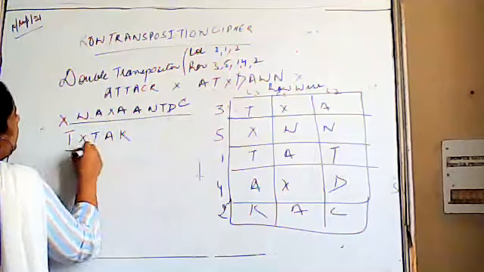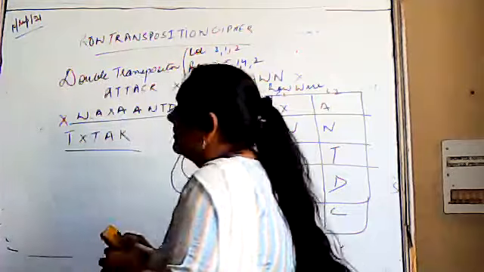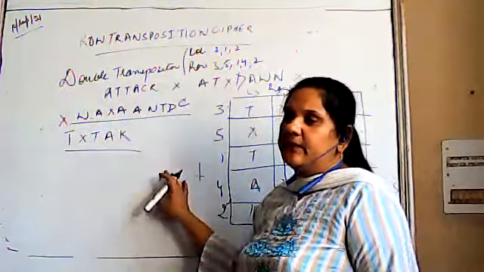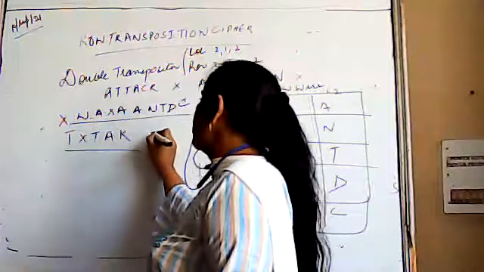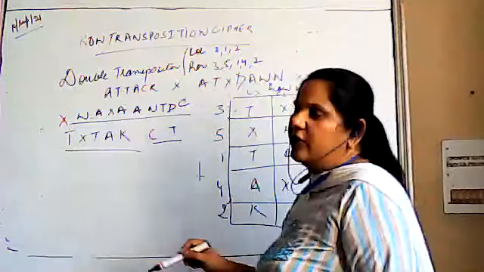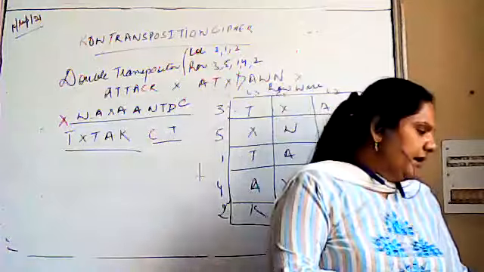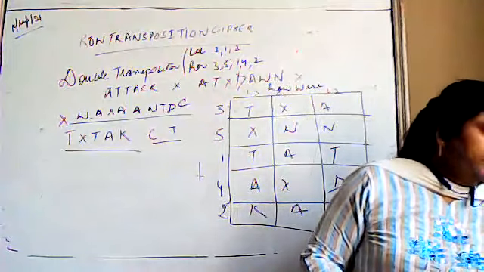So that means these letters are arranged in a way that a hacker will definitely take time to get the actual plain text. So this is the ciphertext equivalent of the given plain text, attack X at X dawn, with X substituted again. So this would be the equivalent ciphertext.